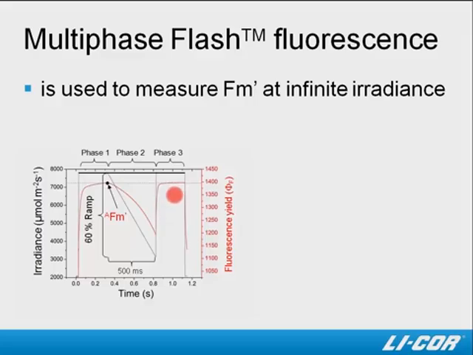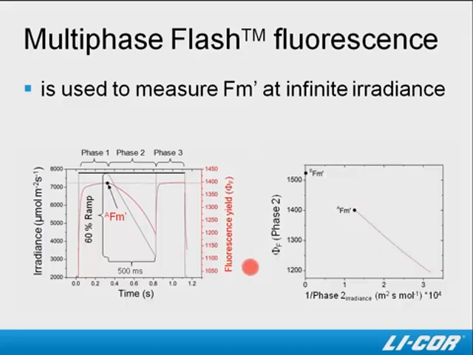Recall that the x-axis approaches 0 at infinite irradiance. Linear regression and extrapolation of the fluorescence yield over the highest 25% of the change in irradiance results in an extrapolated value that was about 10% higher than the maximum apparent value. And once again, we interpret this as a closer approximation of the true value of FM prime.